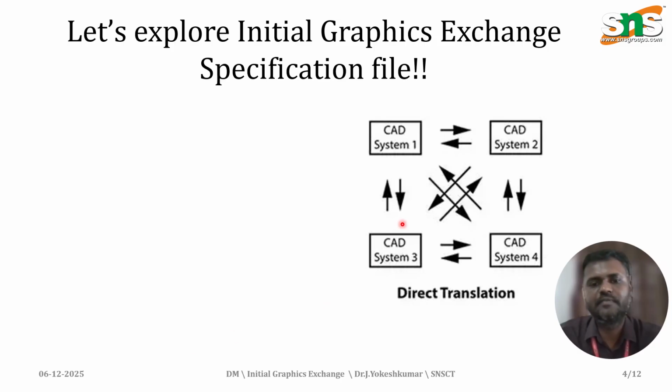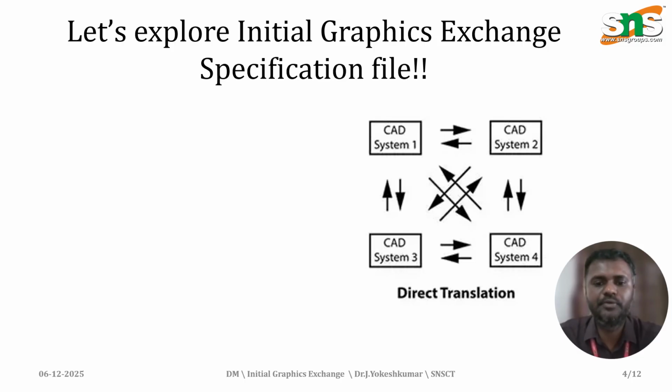Imagine we have four CAD systems, namely CAD system 1, 2, 3, and 4. We want to transfer the data between these systems for different purposes: for an aesthetic point of view, for analysis, for printing, and for inspection purposes. We need to transfer the data between different machines.